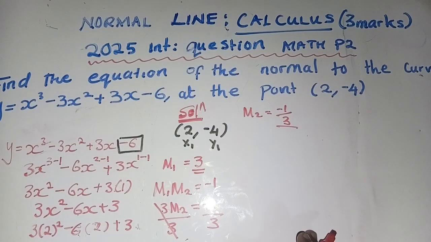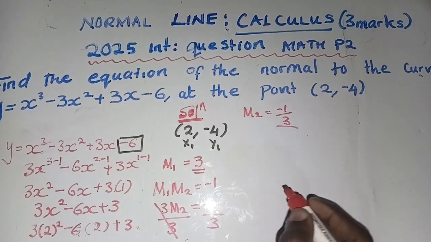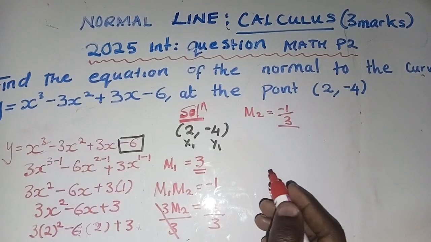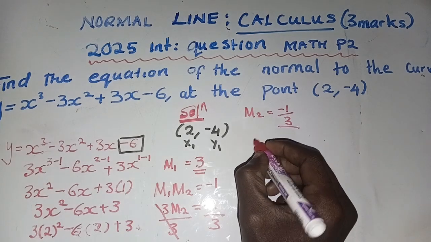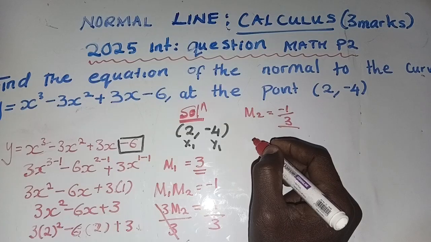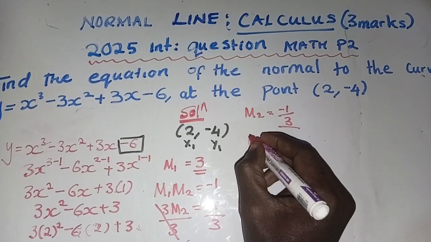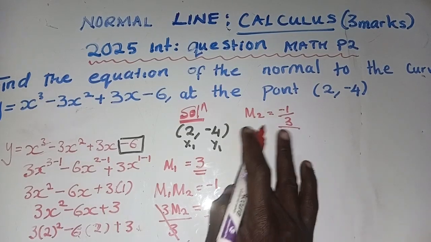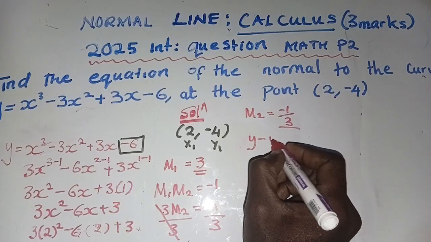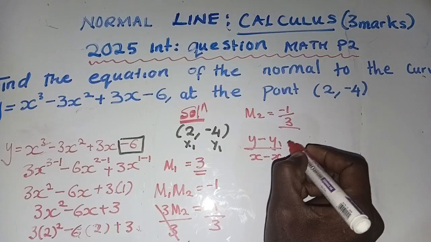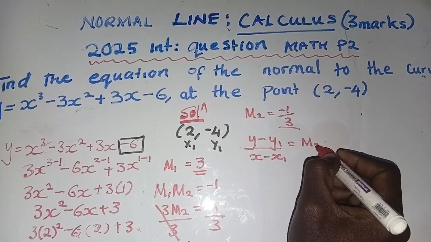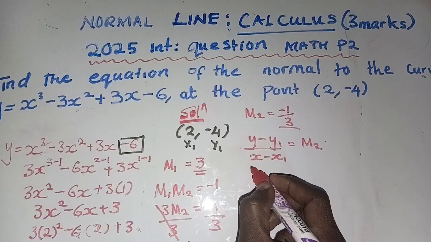Now we come to the conclusion of the equation, where we write the formula for the gradient. We say gradient is y minus y1 over x minus x1 is equal to gradient 2.